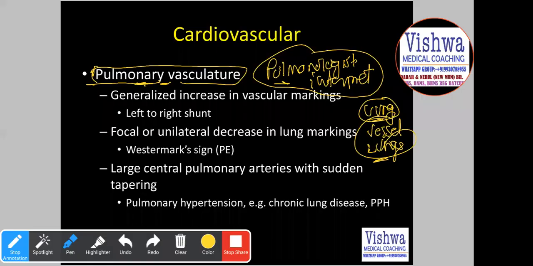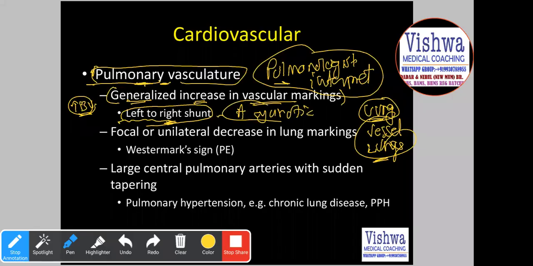Now, remember we discussed that pulmonary arteries are seen, at least the initial part near the hilum. But let's say, for example, we have a generalized increase in the vascular markings. That means an increase in the bronchial vasculature markings. It can be seen because of shunts in the heart, left to right shunts. Remember, those are the acyanotic shunts. For example, we have VSDs, patent ductus arteriosus, ASDs.